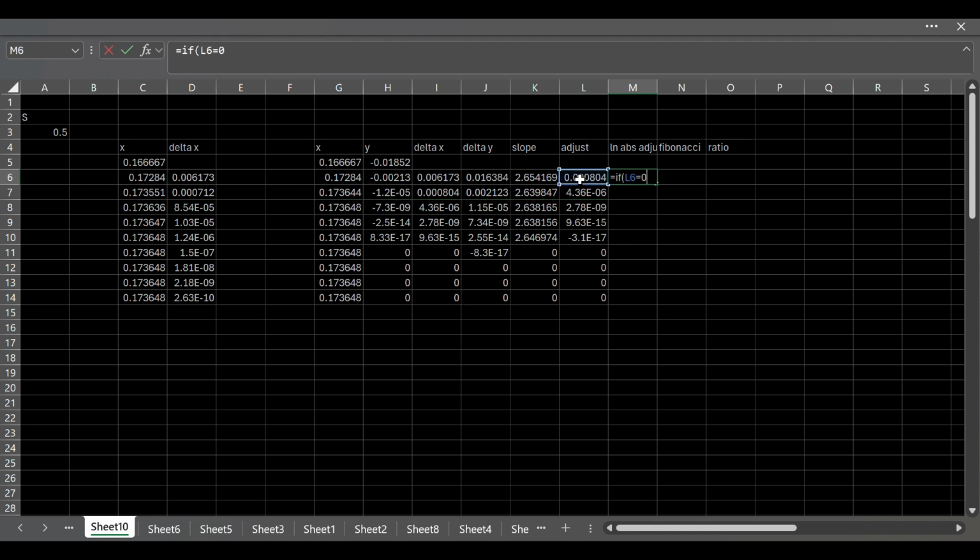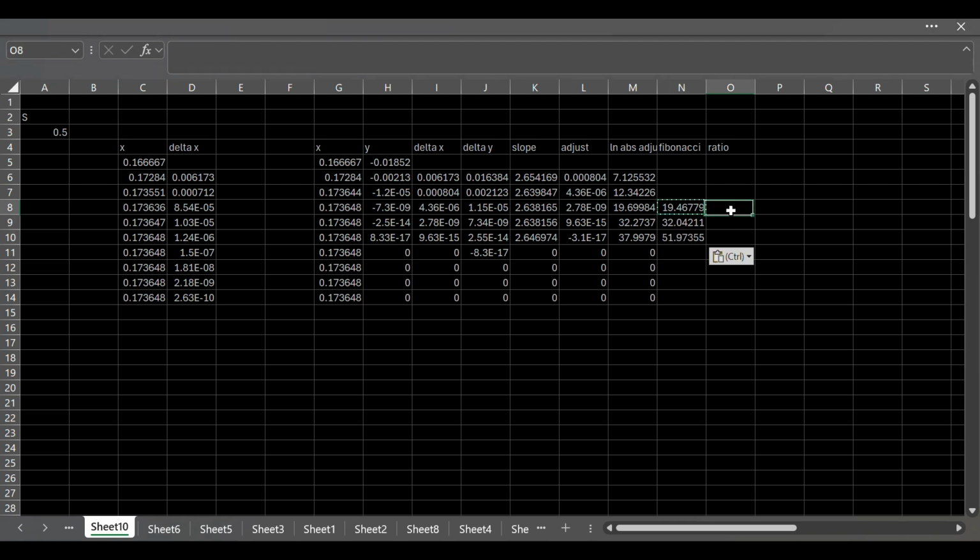Now, this is interesting. If you take the natural log of the absolute value of the adjustment, you'll see an interesting pattern emerge. Basically, the third number is close to, but not exactly, the sum of the first and the second number. That's what we're doing with that Fibonacci thing.